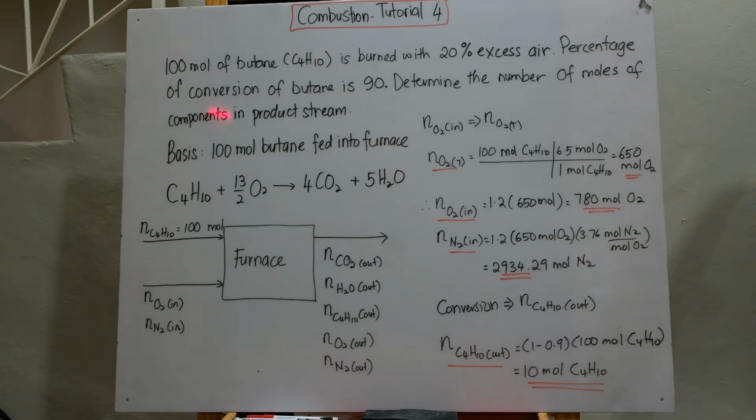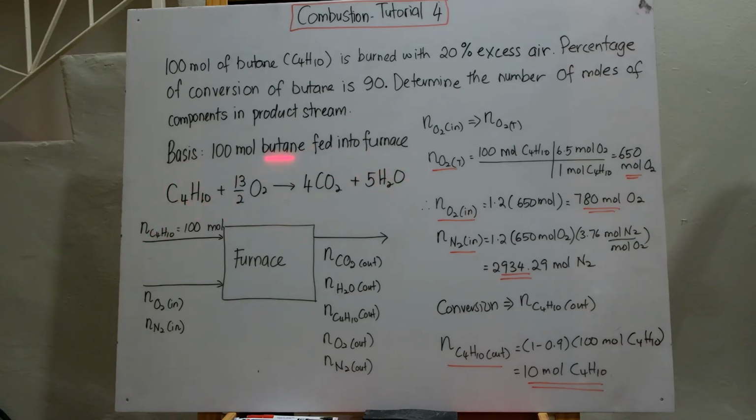Before we start our calculation, we definitely have to write down the equation because we need it. So we know butane reacts with O2, produces CO2 and water, and then we have to balance it.